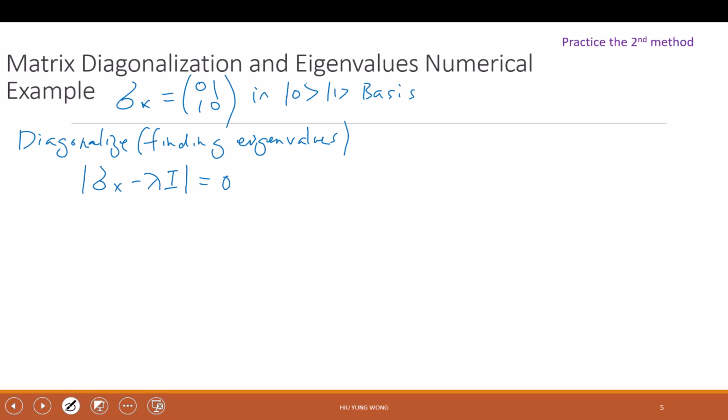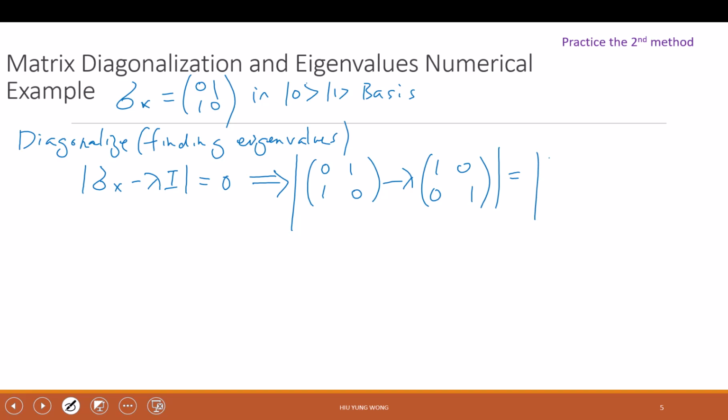Is it this difficult? Sometimes you think it's difficult, but it's very easy in quantum computing for 1 qubit because it's just 2-dimensional. All you need to do is do it step by step. Like my book: 0, 1, 1, 0 minus lambda times I. What is I? 1, 0, 0, 1. Do the matrix operation.